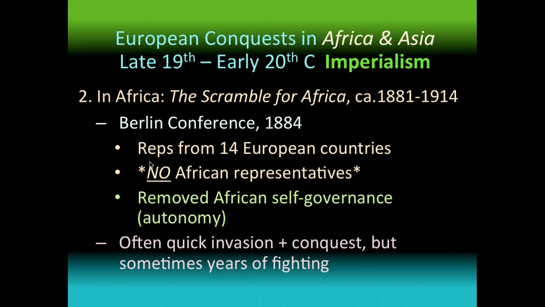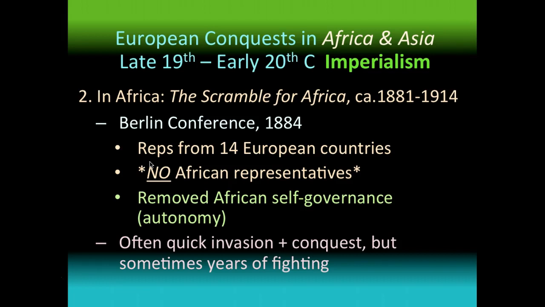Here there were representatives from 14 European countries, with of course no African representatives because Africans didn't count. And the goal for these 14 European countries was to divide the territory in Africa amongst European people. This was called for by Portugal and organized by Germany's Otto von Bismarck, the Chancellor of Germany, which was a rising imperialist power.